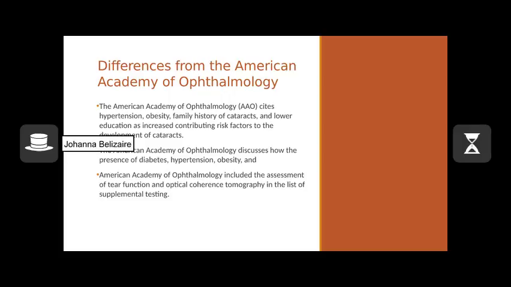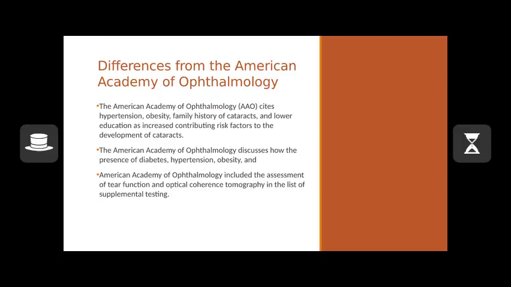So some key differences that I noticed: the American Academy of Ophthalmology is another organization that put out guidelines for cataracts, but they did that in 2016. The AAO cites hypertension, obesity, family history of cataracts, and lower education as increased contributing factors to the development of cataracts.